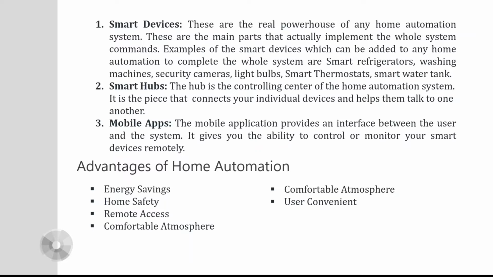And coming to the advantages of home automation, we can save energy, ensure safety, and access the system remotely using mobile apps, and the user can feel convenient and comfortable by using these.